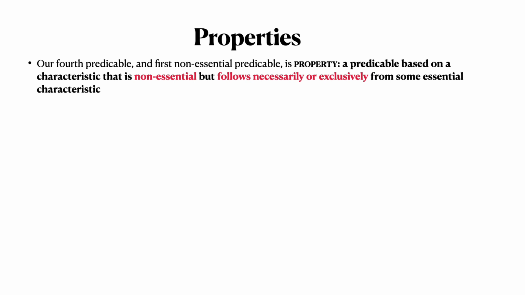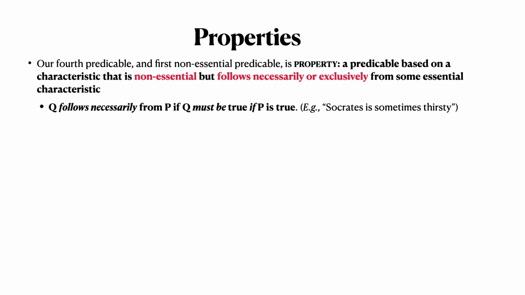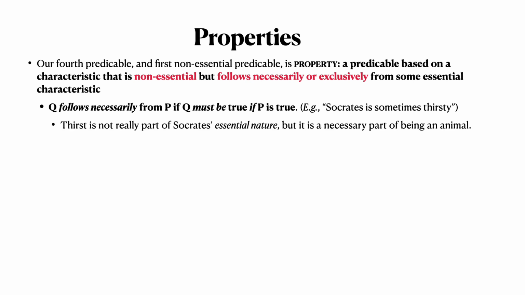I've tried to write this out, and I hope that the way I've written it doesn't make it sound more complicated than it is. But Q follows necessarily from P if Q must be true whenever P is true. For example, Socrates is sometimes thirsty. So thirst is not really part of Socrates' essential nature, right? We'd say this is non-essential.